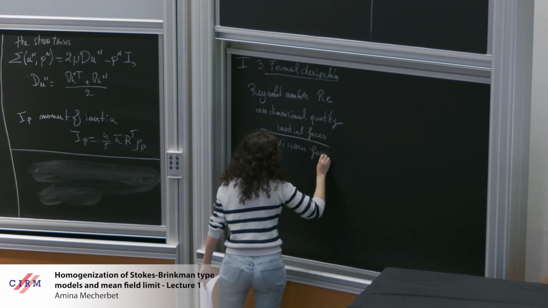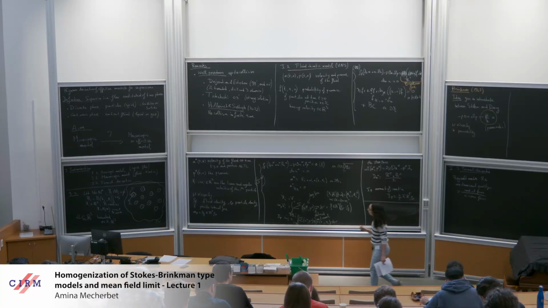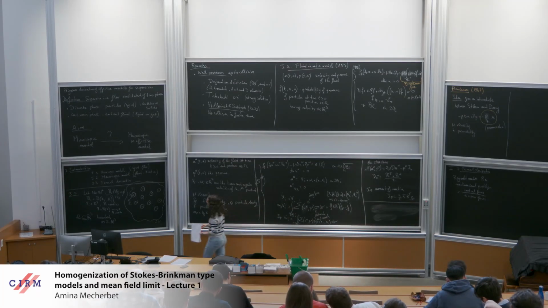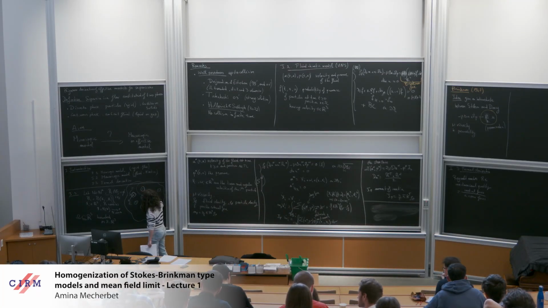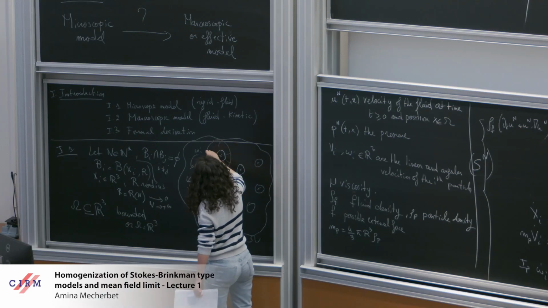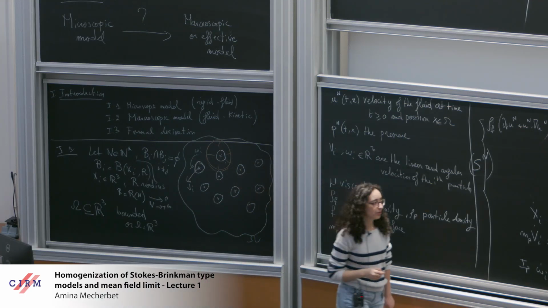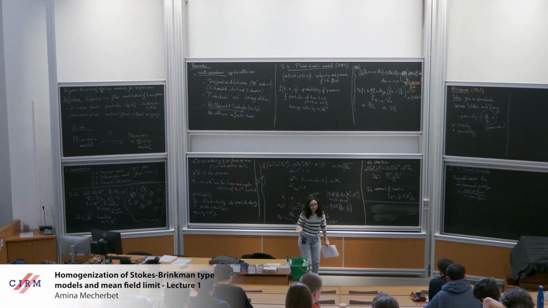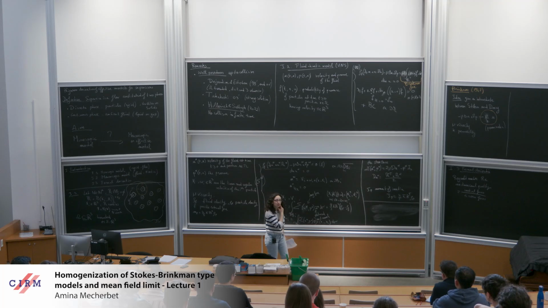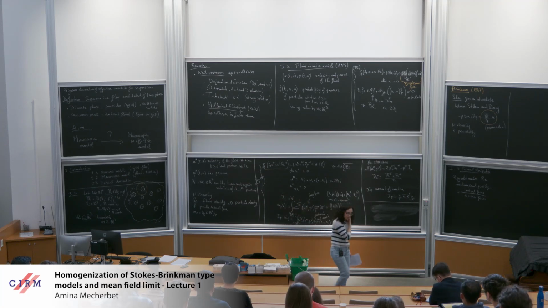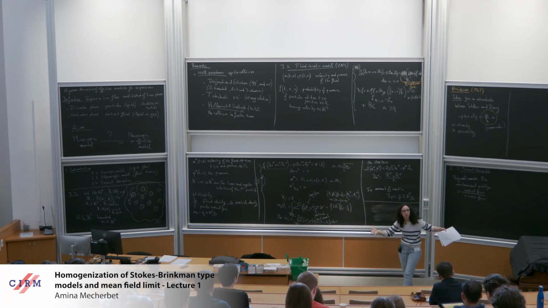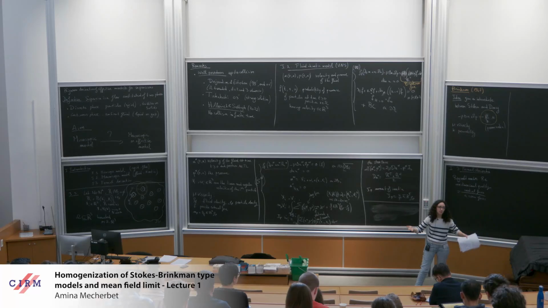So the idea is that if you zoom in locally around each particle, due to the small length scale, the local Reynolds number will be small, which justifies neglecting such a term locally around each particle, but such a simplification is not true anymore when you go further from the particles.